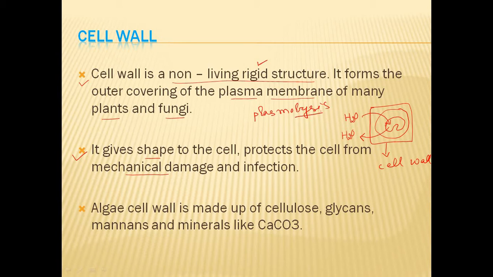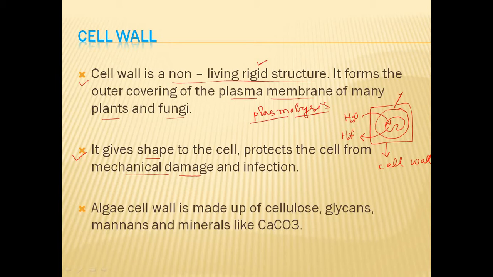Lysis means damage or breakdown of the plasma membrane, plasmolysis, and it is not done by the cell wall; the cell wall prevents plasmolysis. That's why it is a mechanical process. So it is said the cell wall protects the cell from mechanical damage.